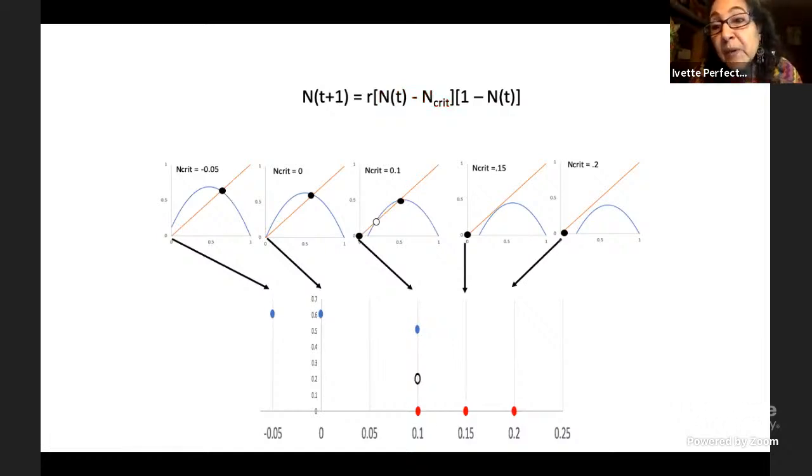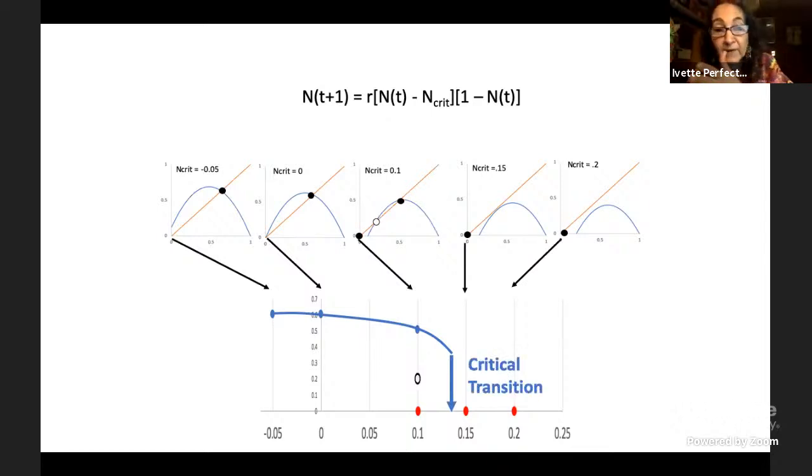In other words, as we move from very low n-crit to a higher n-crit, we stay at very high scale density until we reach a critical transition point where basically the density drops to 0. And that's a critical transition point.